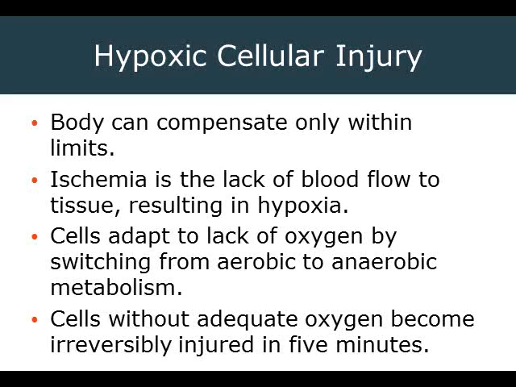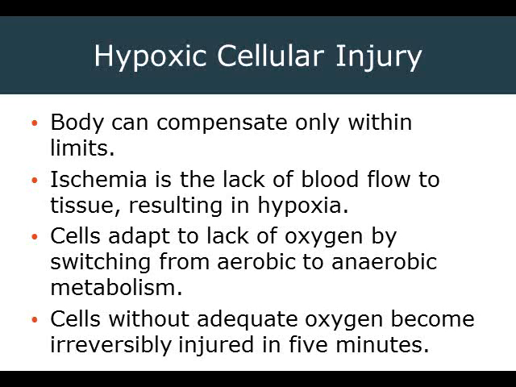The body can compensate only within certain limits. The body has a few minor reserves, but those reserves can quickly be taxed and can be completely tapped out. Ischemia, again, is a lack of blood flow to the tissue, resulting in hypoxia and hypoxemia.